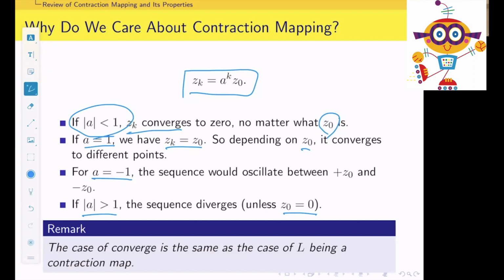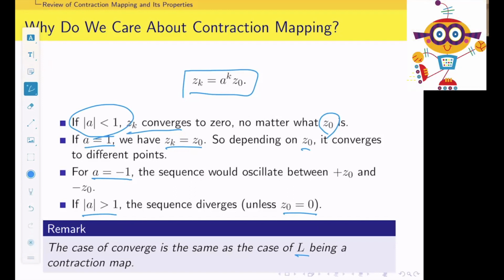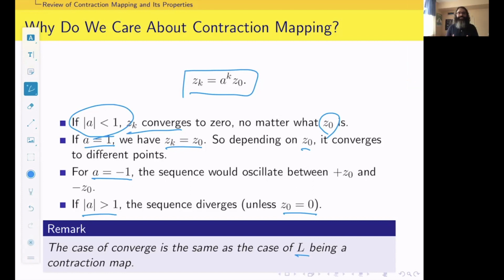And this is the case where the operator L is a contraction map. So if it's a contraction map, the dynamics that I define this way converges to 0, essentially. This is the relation between contraction maps and stability. Basically, if a map is a contraction, the dynamical system that I define like that would be a stable dynamical system. It would converge.